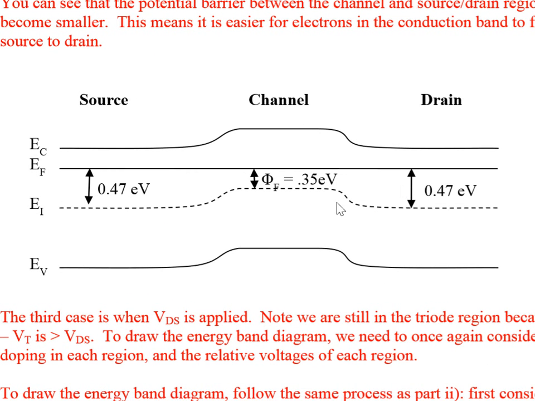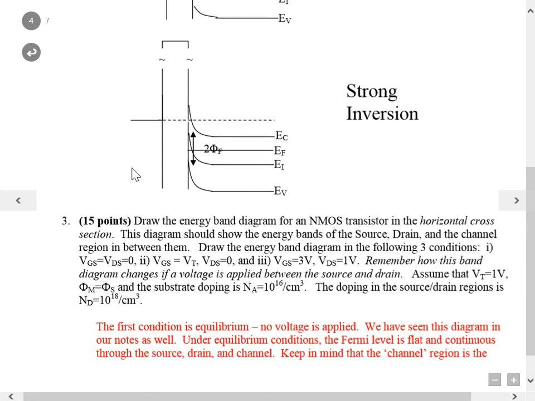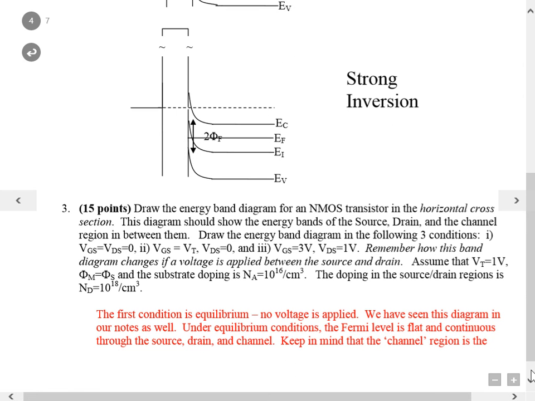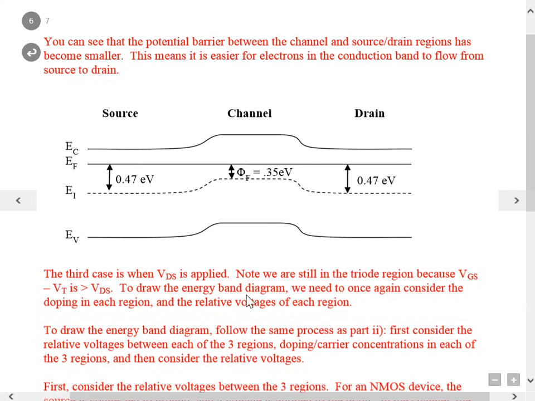Now we're going to apply a drain voltage on one side. In this case the drain voltage is 1 volt. It's positive. So if the drain voltage is positive, which side is going to have the higher Fermi level? We have a Fermi level at the source, Fermi level at the drain.